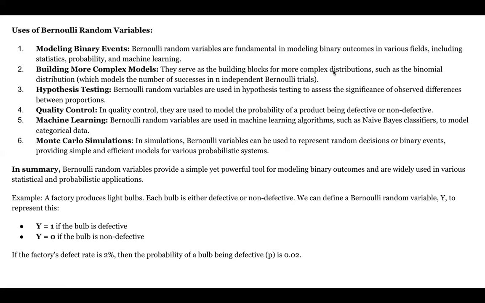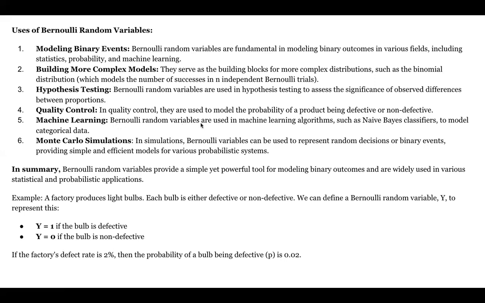They serve as the building blocks of more complex models, such as binomial distribution and independent Bernoulli trials, hypothesis testing, again to assess the significance of observed differences between proportions, and quality control, whether the item is defective or not defective.